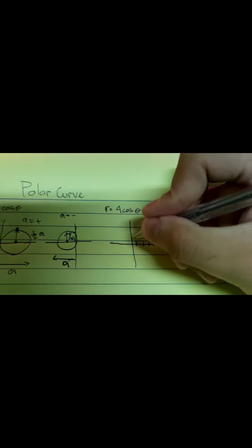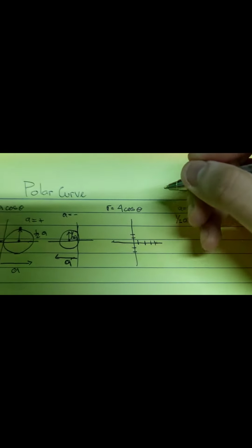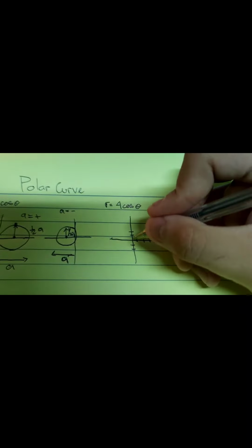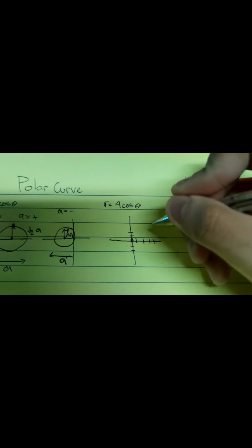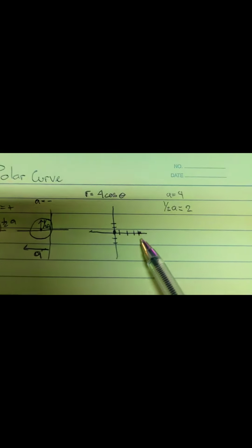We're going to count 1, 2, 3, 4, and our 1/2 a is like this, so the equivalent of our 1/2 a is 2. We count 1, 2 up and down, 1, 2. Basically your circle starts from here and ends at 4 on the x-axis.